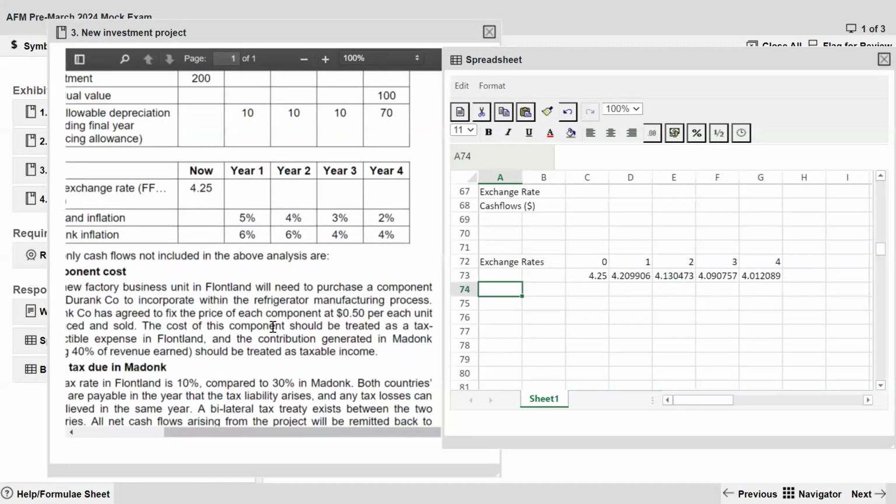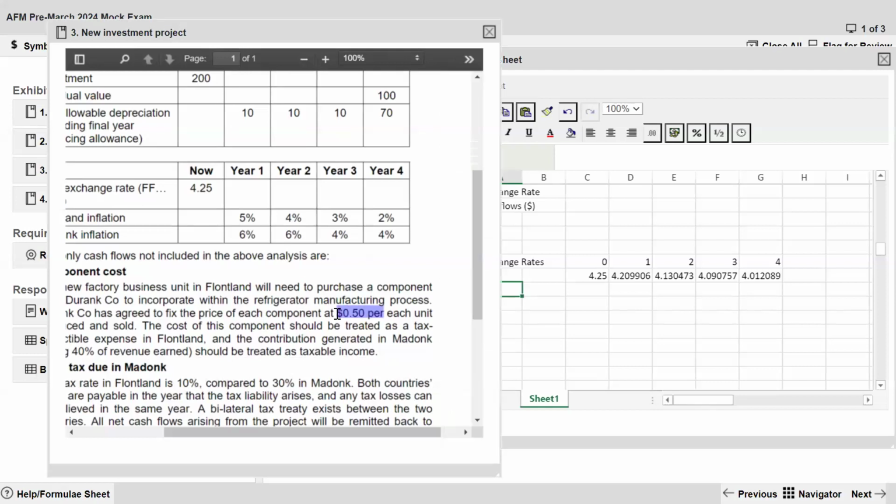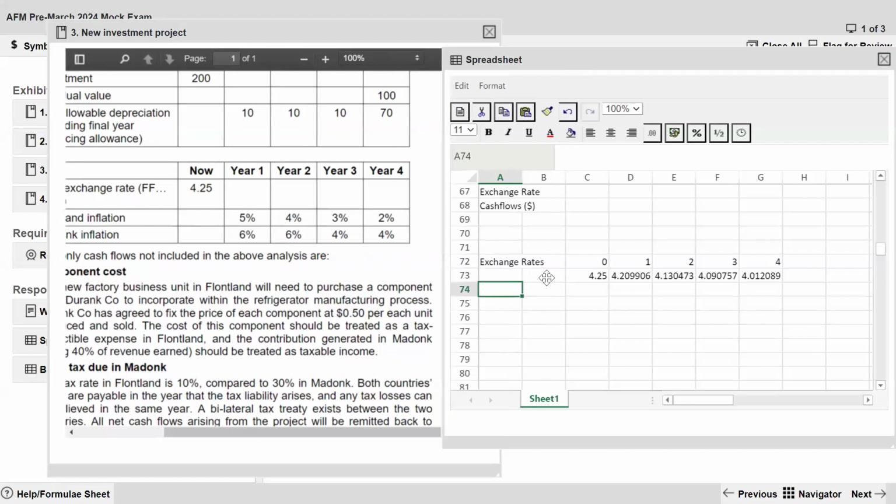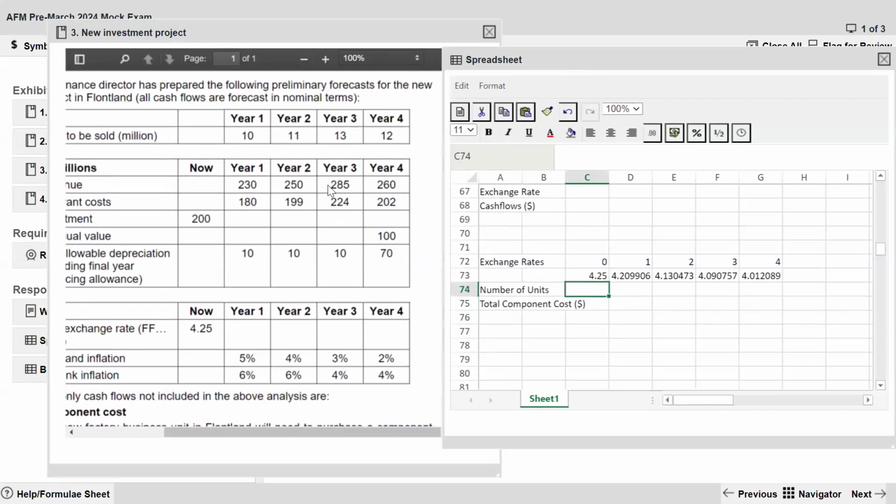Now the component cost is 0.5 per unit. Number of units, total component cost in terms of dollar. So the number of components is 10 million, 10 million, 11 million, 13 million, 12 million.